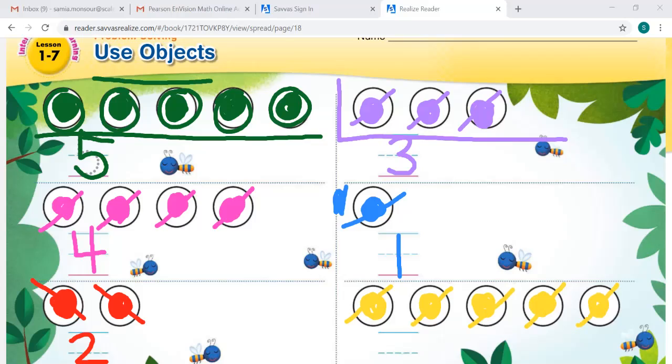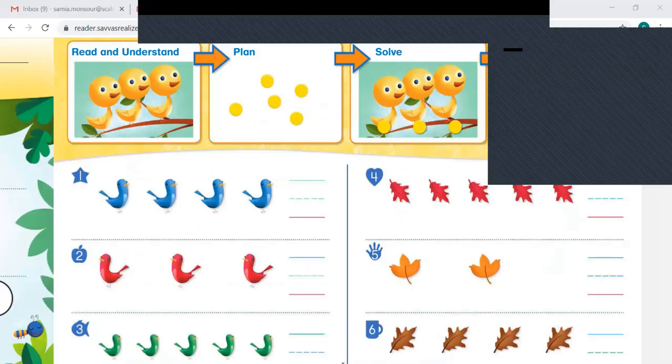What number am I going to write? It is the last number that I counted. 5. Good job, superstars.